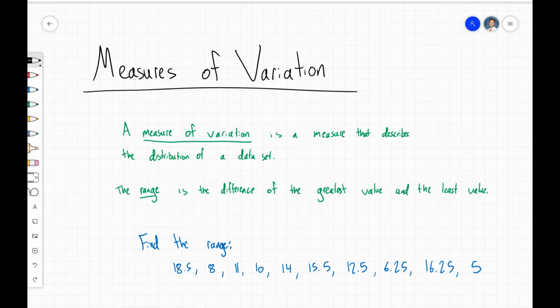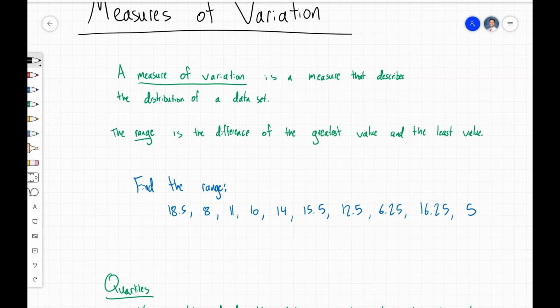So let's look at this data set here. We've got all these numbers. Now they're not written in least to greatest order, so we might want to do that first, and then we can find our range. So from least to greatest, we have 5, and then 6.25, and then 8.